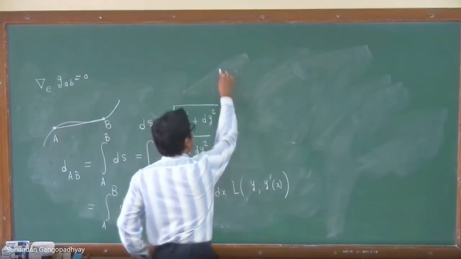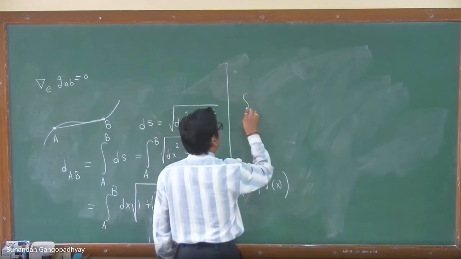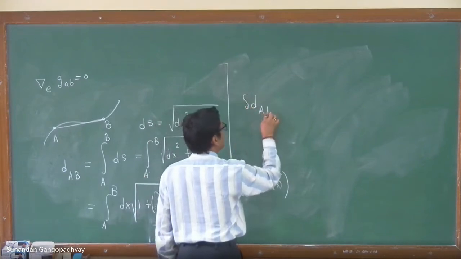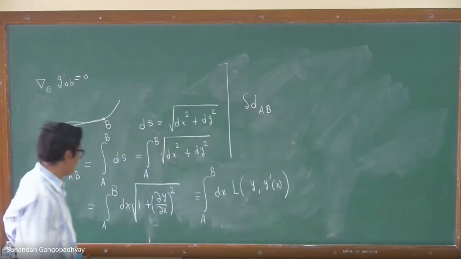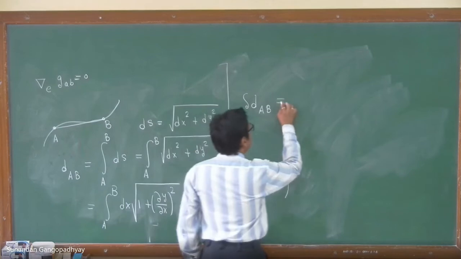Or else you can start from first principle calculation. Just take a variation of this.